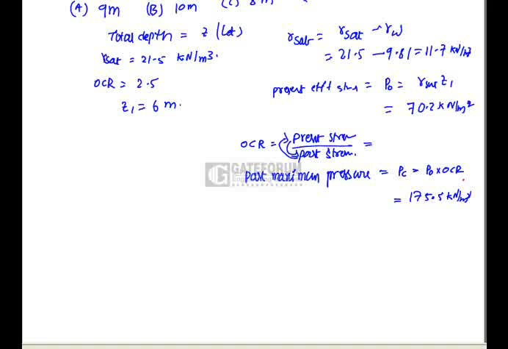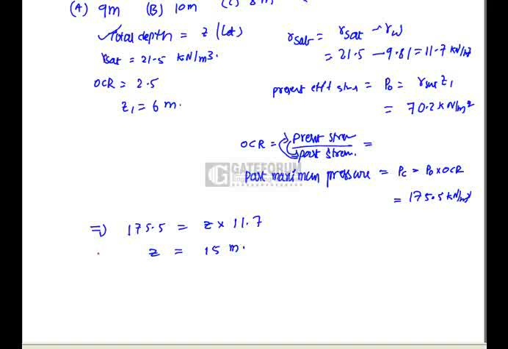So we have considered the total depth as Z, that is past stress 175.5 is equal to Z into gamma submerged, 11.7. That implies Z is equal to 15 meters.